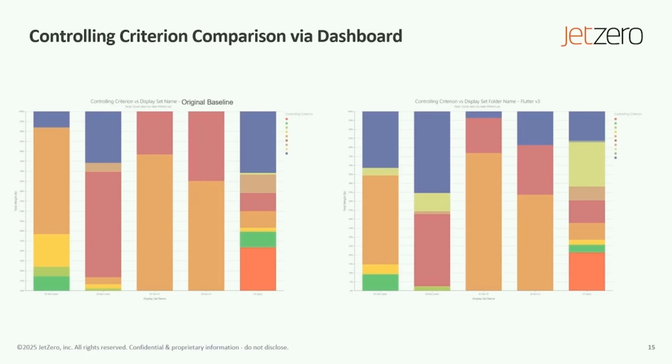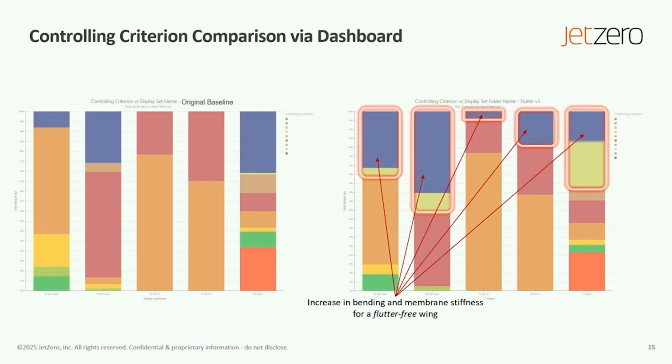Obviously, the meanings of the colors are blocked out, but there's a change in some of the colors, and specifically the purple and the yellow had a big increase after running SOL 200, so these were an increase in bending and membrane stiffness. So that shows that we did do something right to get a sized wing that's flutter-free.